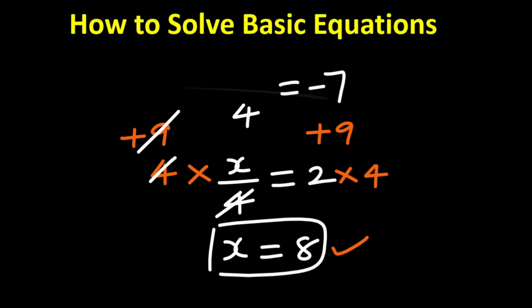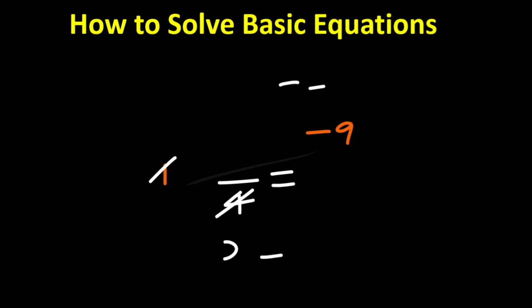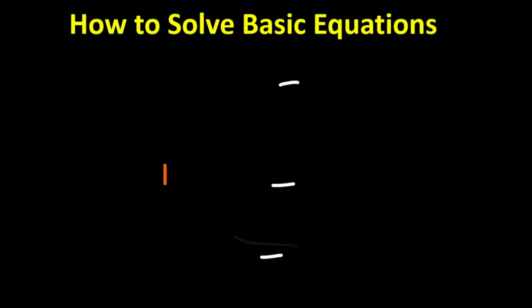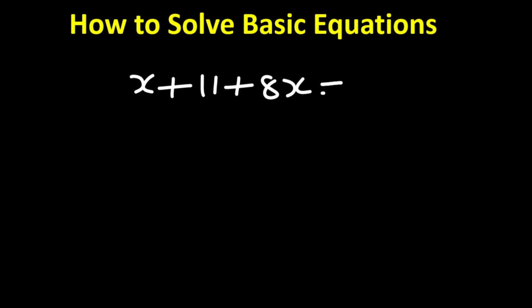Now, let's do the next question and solve for x. Say the question is x plus 11 plus 8x equals, say it's 29. The question is, what is the value of x?